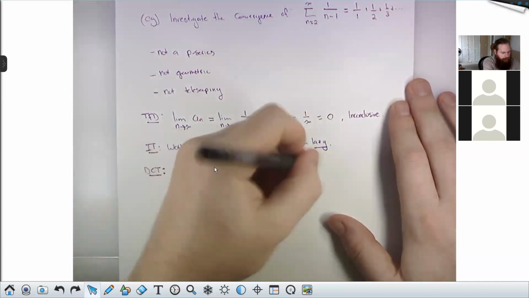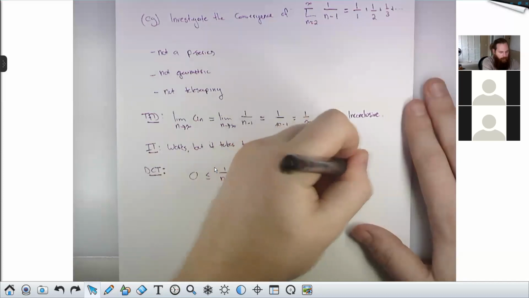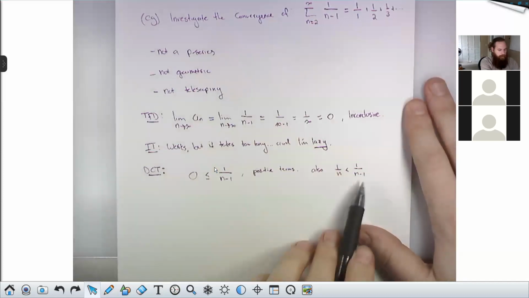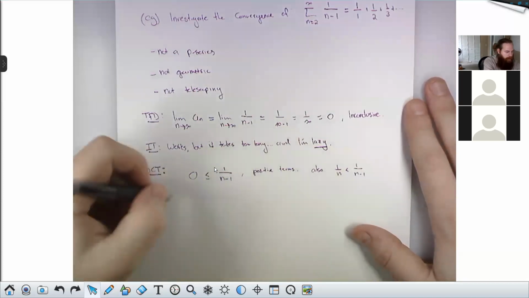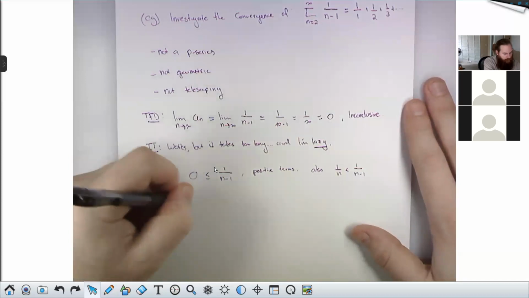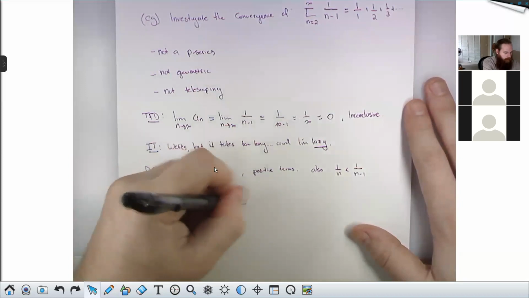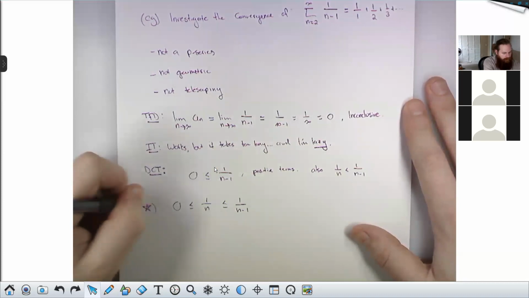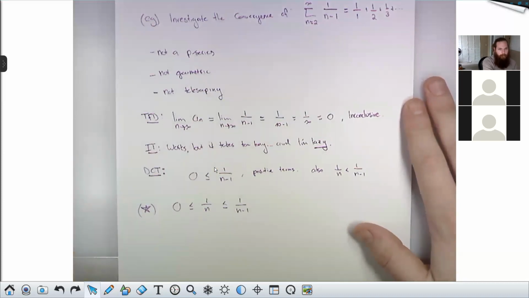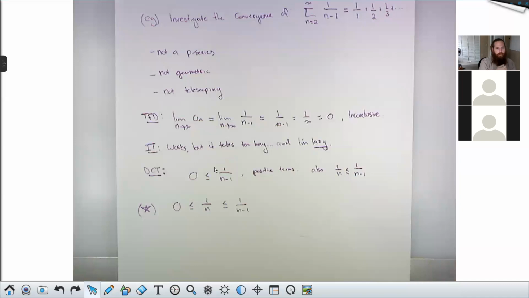Also, 1 over n is less than 1 over n minus 1, because this denominator is smaller, so it's bigger overall. So in fact, what we have is 0 is less than or equal to 1 over n is less than or equal to 1 over n minus 1. This is the inequality that I will label as star. I'll make this a weak inequality so it looks more like what you want.